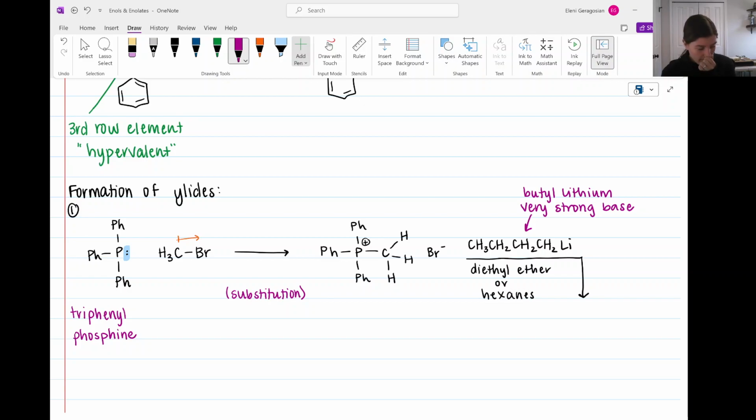Because this is a strong base, it can remove one of the hydrogens from the CH3. And that would produce, if we remove a hydrogen, a lone pair on that carbon.